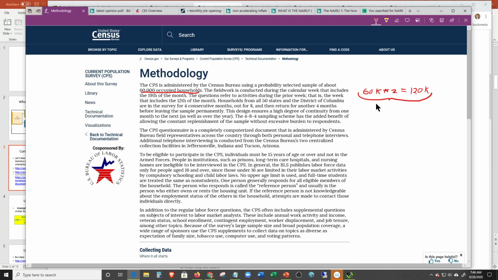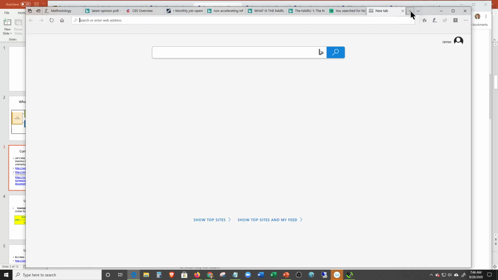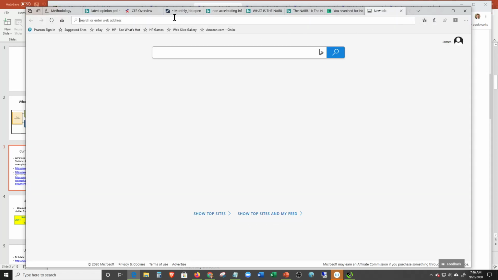The current surveys about who you're going to vote for in the upcoming national election are only based on around 2,000 people. And so there's a large error that can be assumed with that survey. In this one, oh gosh, let's go take a look at what the unemployment rate is right now.